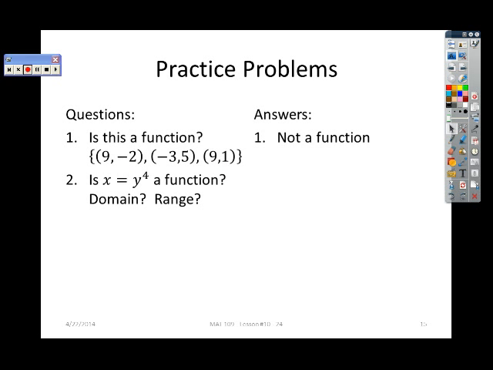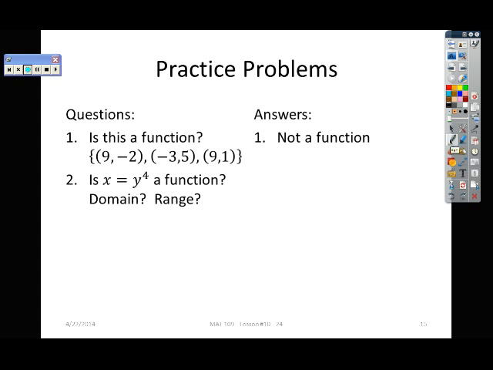Now this one's a little bit harder to do. If we're saying x is our input, then we've got to try to figure out what y to the fourth looks like. And that one's a little harder. You actually probably would want to go ahead and do a rough graph of this and then figure it out.